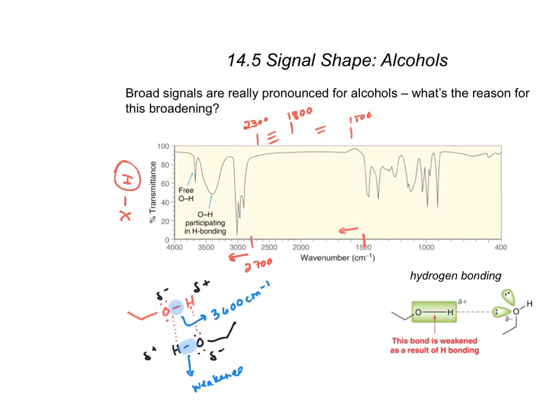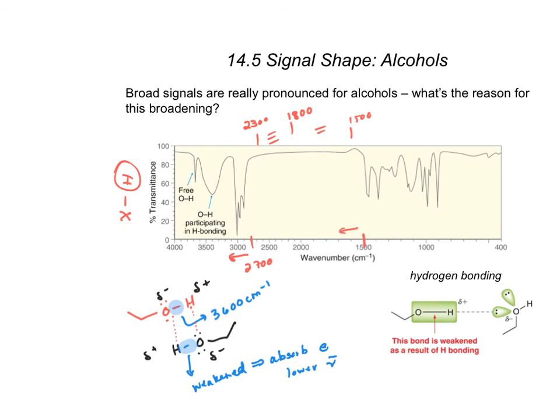And so what is that going to do in terms of where we would expect to find this in the infrared spectrum? If we have a weaker bond, we're going to absorb light at a little bit tinier of a wave number, right? So this weakening, we're going to absorb at a little bit lower of a wave number, okay?